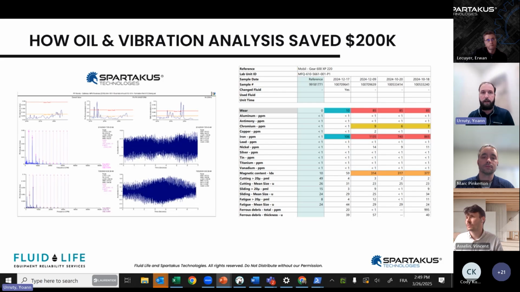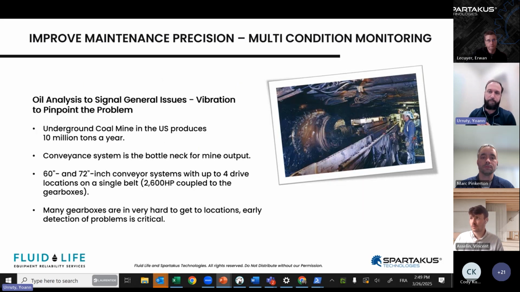And in the end, I believe we were able to save a couple hundred thousand dollars for our customer thanks to that complementary diagnostic. Mark?